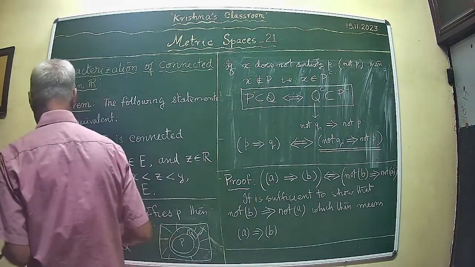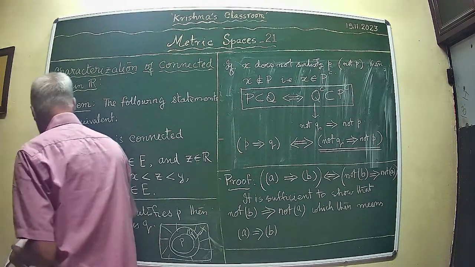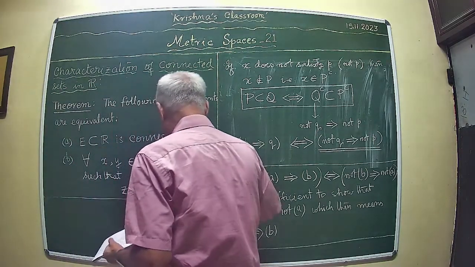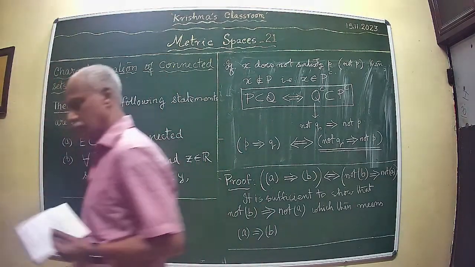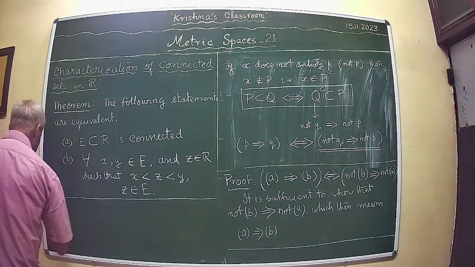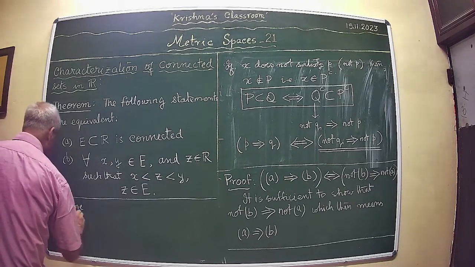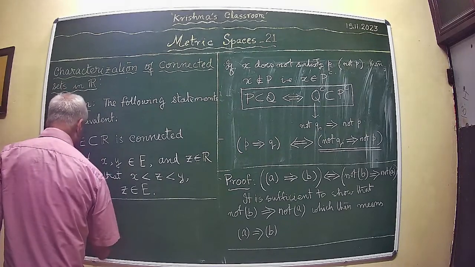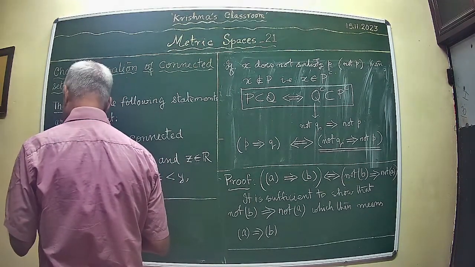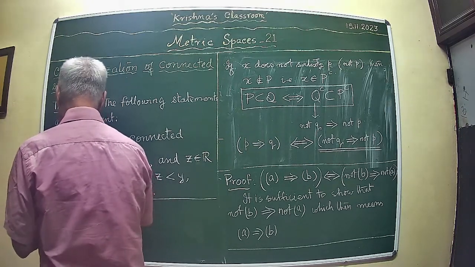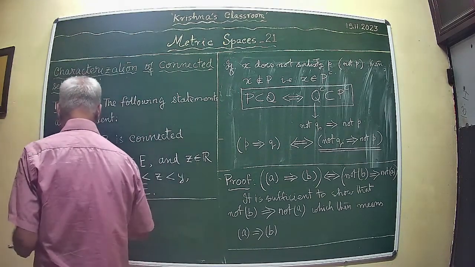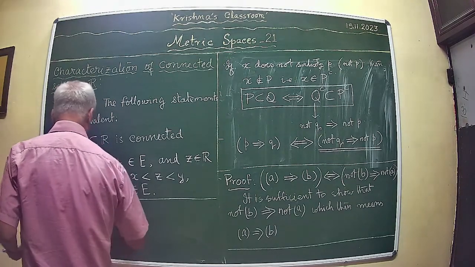Now let me just write down what we mean by the negation of. So assume E is not connected. What we do is assume not B. What is that?